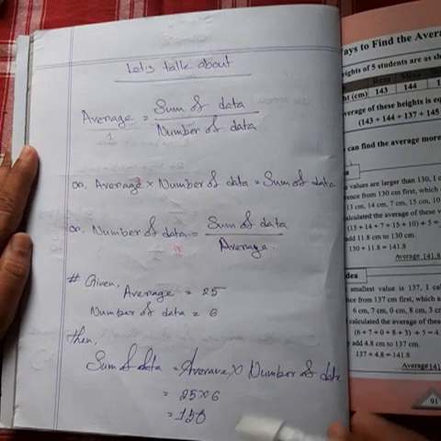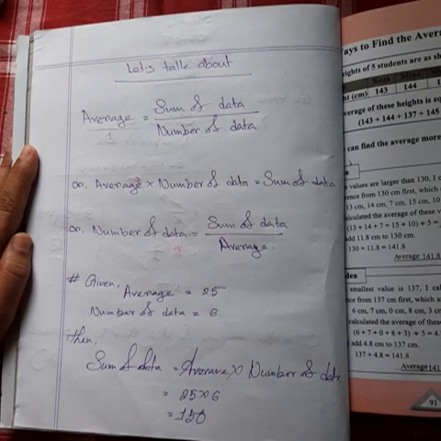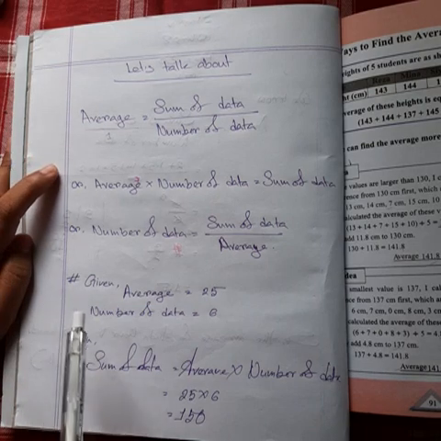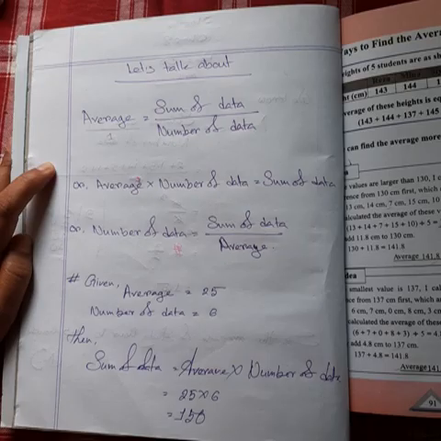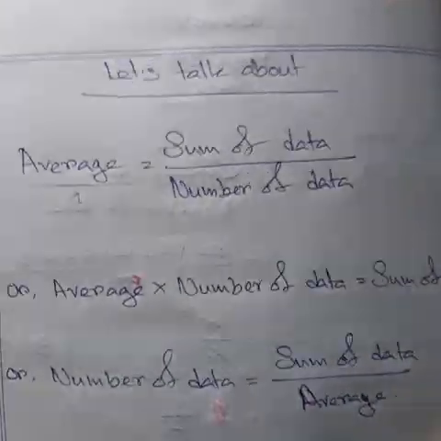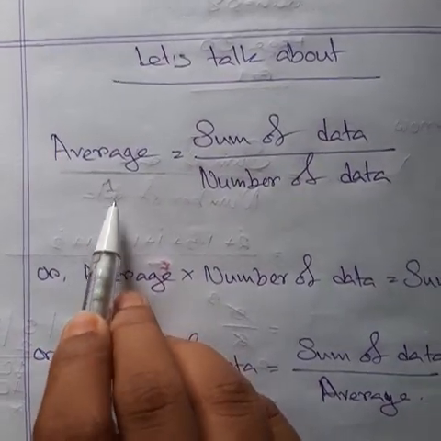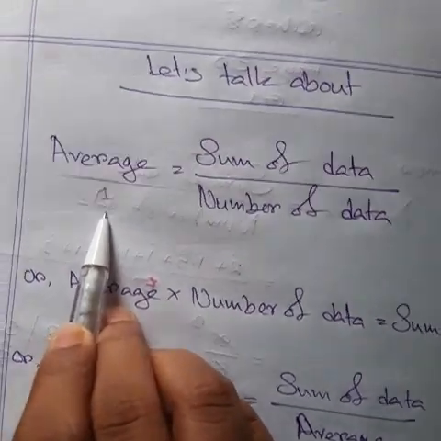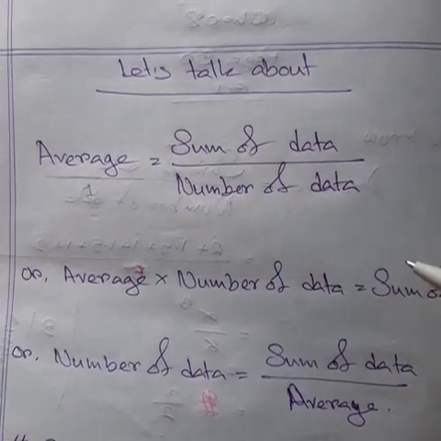If you want the pictures of these pages also, you can ask me in the group so that I can give you. That would be fine with me. Let's do it now. I already taught you cross multiplication. I hope you remember it. What I have done here is I have written 1 over here, because I wanted to teach you cross multiplication one more time.